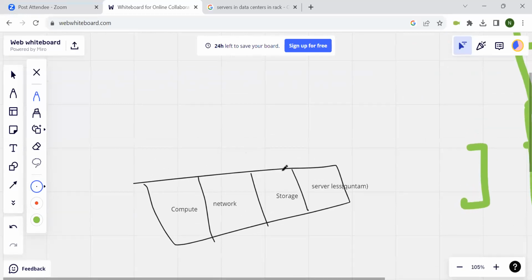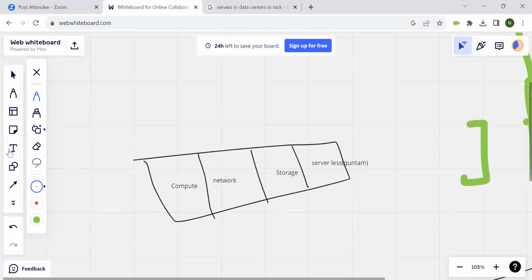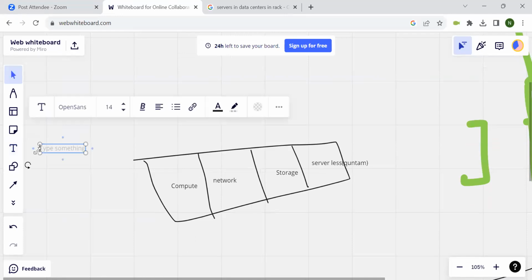There are some vendors: AWS, GCP, Azure, Linode, I think Alibaba, and a small set of other cloud vendors also.